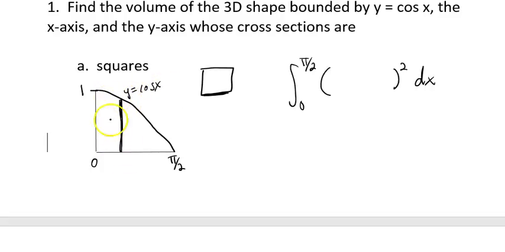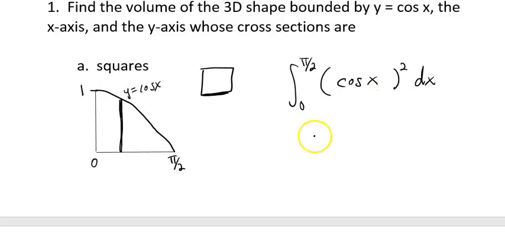Now granted, that changes wherever you draw it, but the fact that this is a variable, cosine x, means it's going to change with us as we go. So we just put cosine x in there. It's basically just your function, and you have to remember to put it in the area formula for a square.